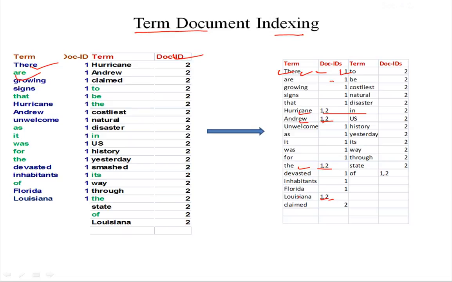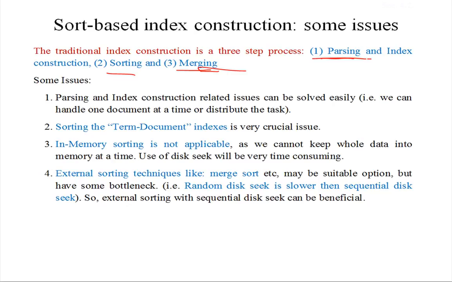We can also distribute some documents to one machine, and other documents to another machine, like that. Now the main issue is sorting the term document indexes, which is a very crucial issue.